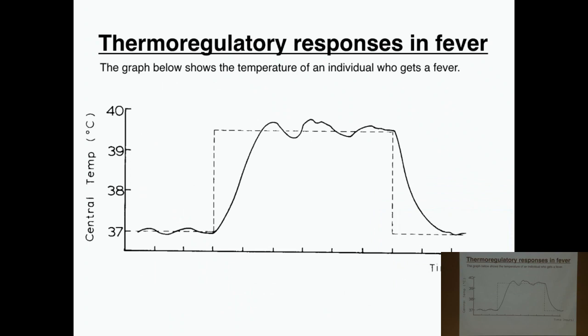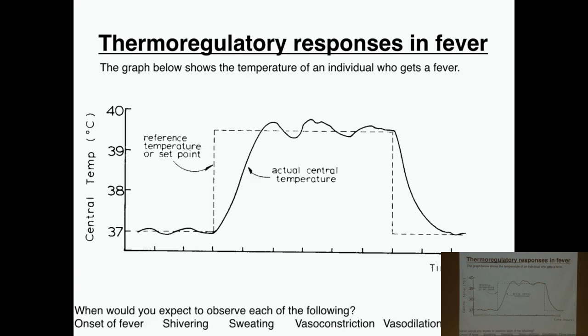So what I want you to do here is think about the temperature of an individual who has a fever, which is shown in the solid line, the set point, which is shown by the dotted line, and what kinds of thermoregulatory responses you'd expect to see at different points. When would you expect to observe each of the following? Shivering, sweating, vasoconstriction, and vasodilation, the onset of the fever, and fever breaking.